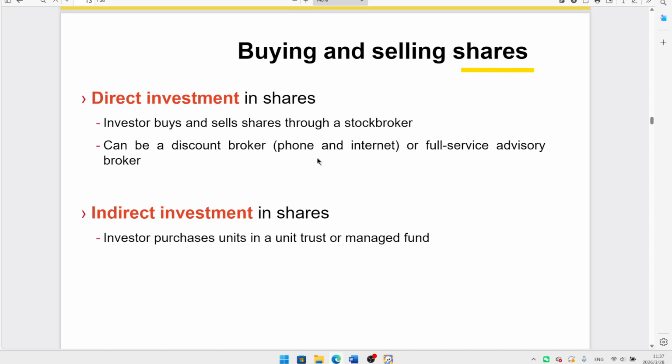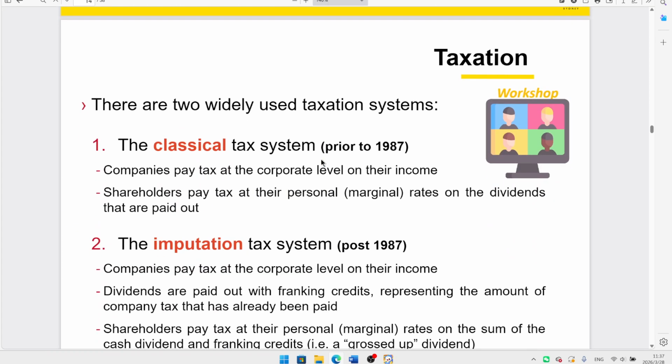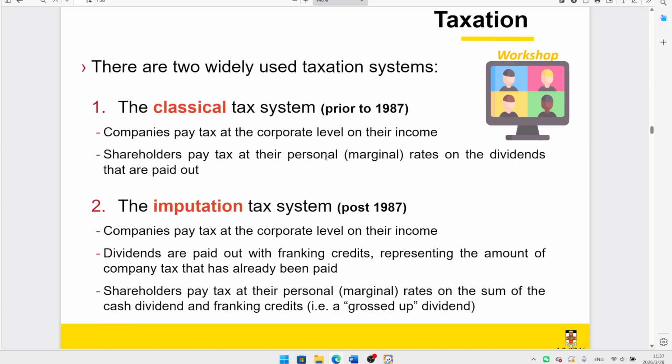Great, excellent. Next is about taxation, comparing the classical tax system with the imputation tax system.